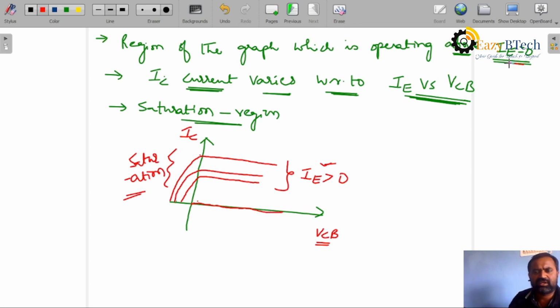If IE is greater than 0, definitely the IC current varies, increasing due to the increase of IE. See how the IC current is increased with respect to IE versus VCB. That region is known as a saturation region.